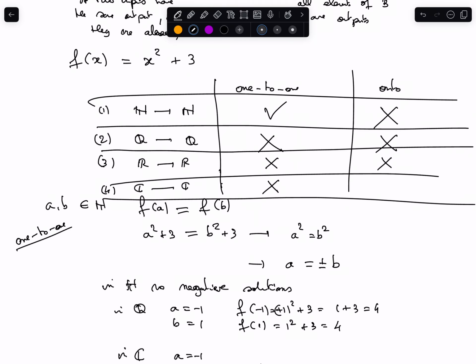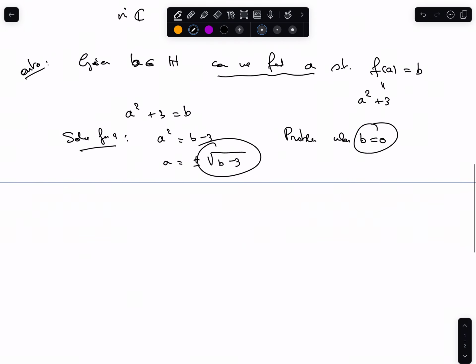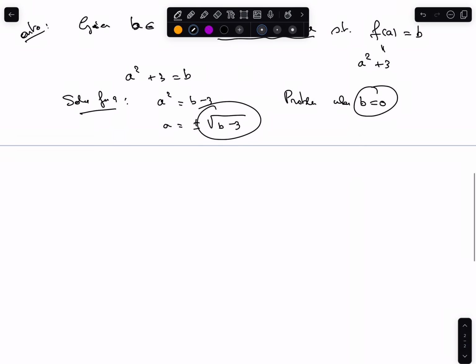With the complex numbers, you can take the square root of a negative number, because the square root of negative 1 is i, so you can always adjust that. For instance, in the case b is 0, the square root of negative 3 would be a valid input, which is what we normally would write as i square root of 3. That's a complex number, so there is an input.